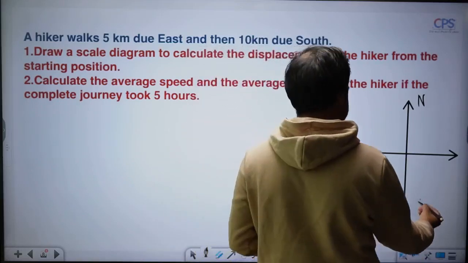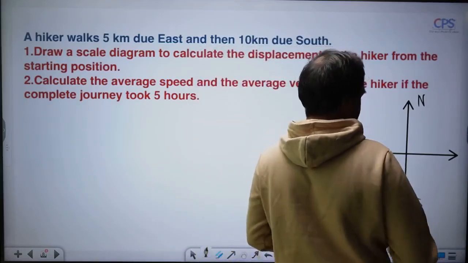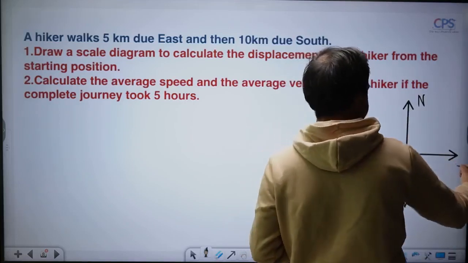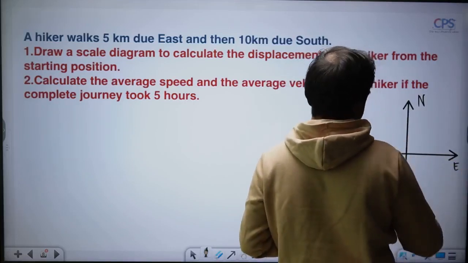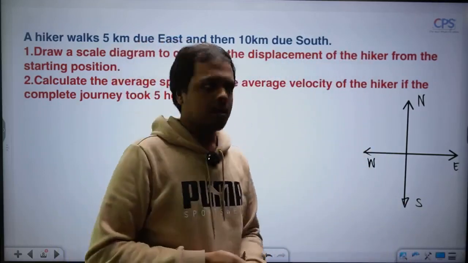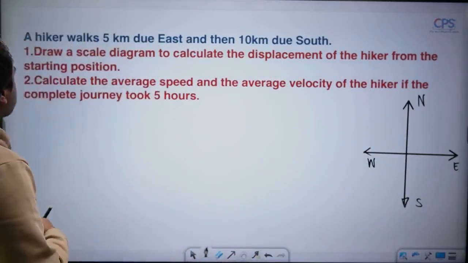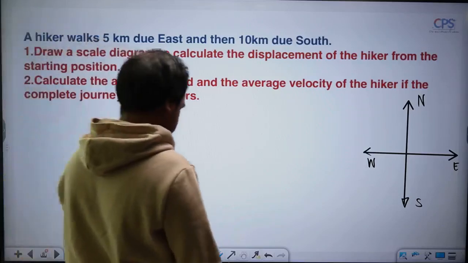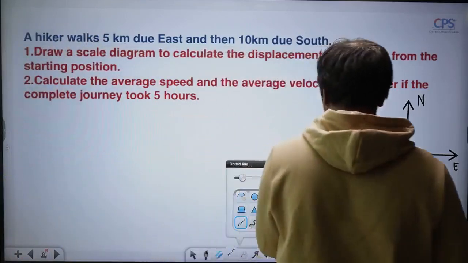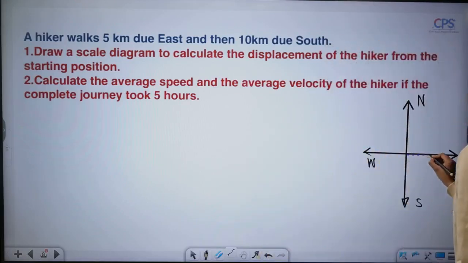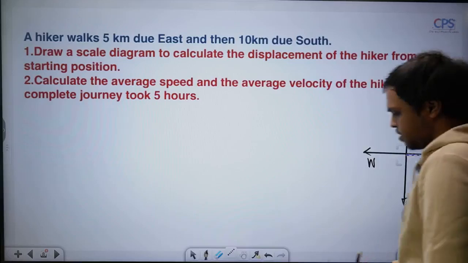So the lower is south, and from this position to the right is east and to the left is west. You have to remember it for these types of maths. A hiker walks 5 km due east, so just follow this line, 5 kilometers here.